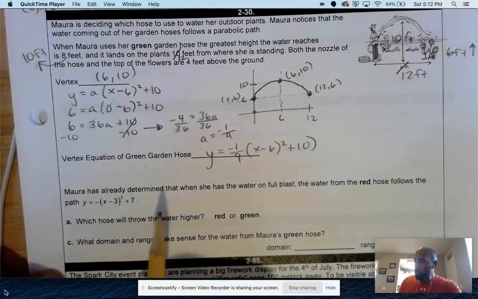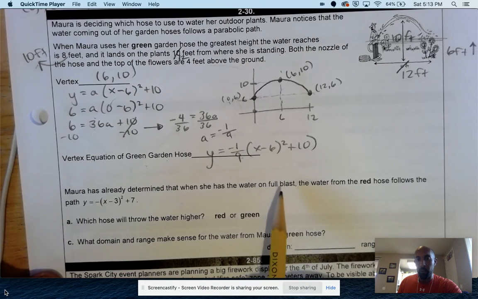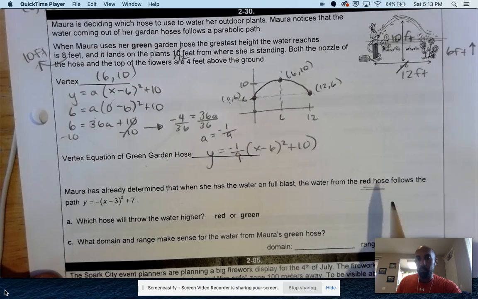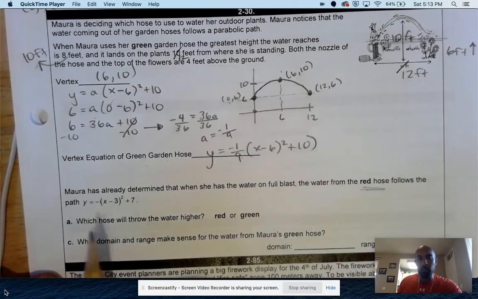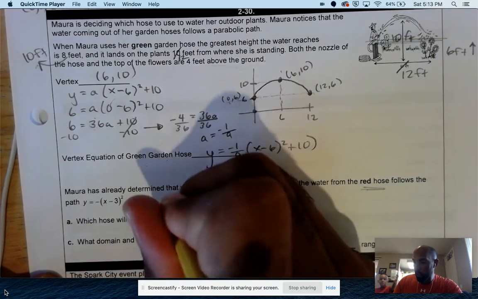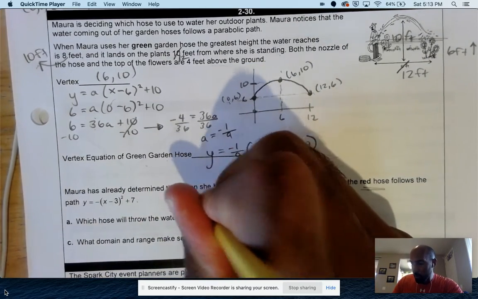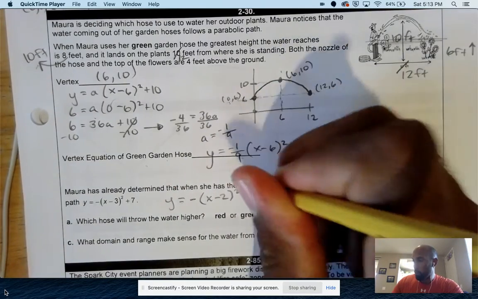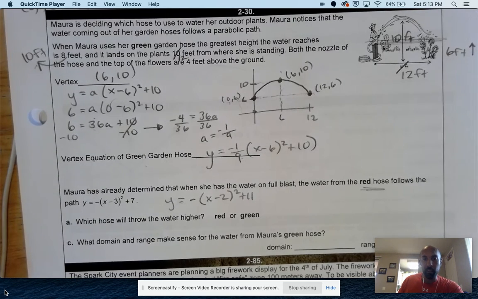Now it says Mara has already determined that when she has the water on full blast with the red hose, so this is a different hose. This one's the green hose that she used, and down here we're talking about the red hose. It follows the path of this equation. In this equation, we're going to use negative (x minus 2) squared plus 11. I'm just making up a new equation to compare the two.